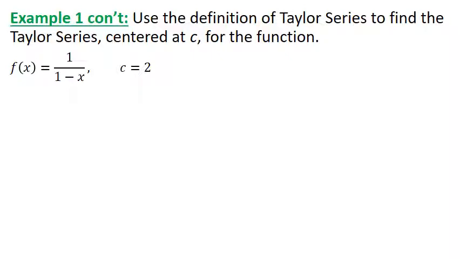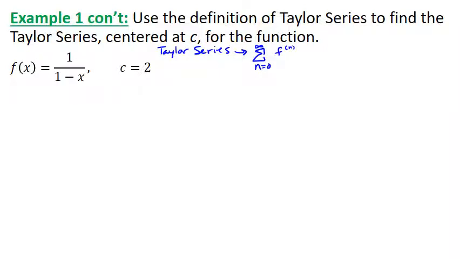So same thing, the only difference now is we are going to be centered at 2. So instead of a Maclaurin series, this will be a Taylor series because we're not centered at 0 anymore. So recall from the definition, a Taylor series looks like this.